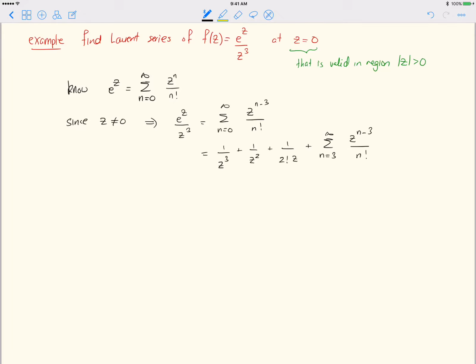So they'd start from n equals 3. So as you can see, this power series expansion contains some negative powers of z, and that's why it's called the Laurent series. And one of the things I should mention is that this component of the Laurent series that contains negative powers, we call this the principal part of the Laurent series.